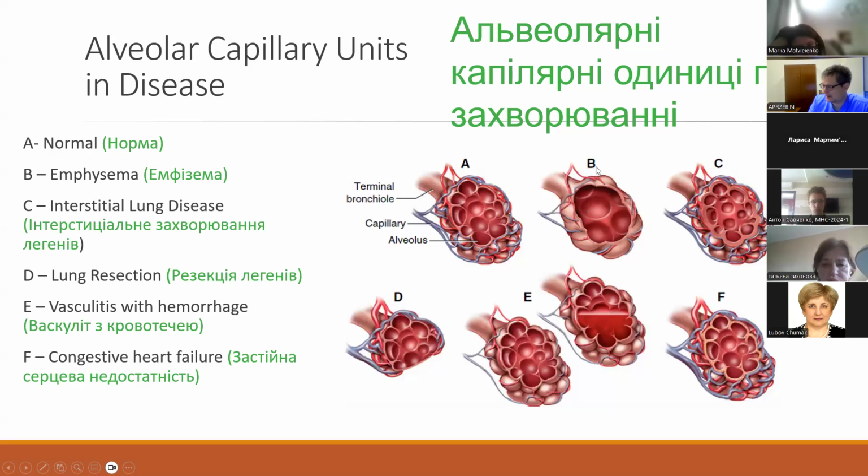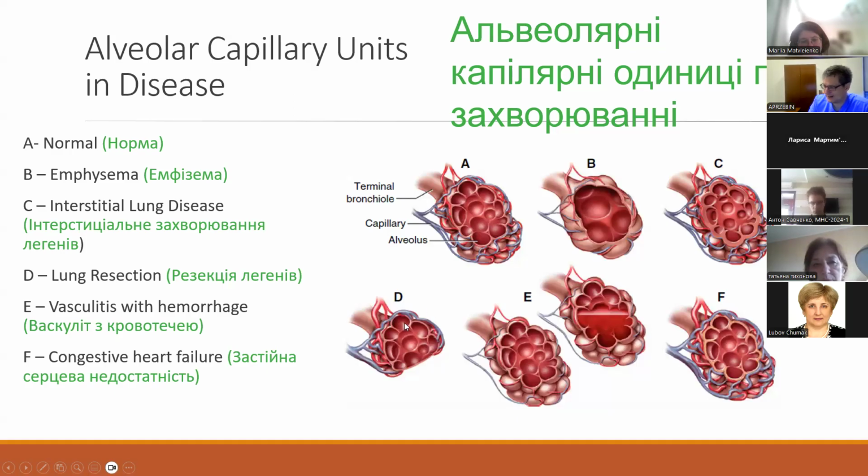In B, you have emphysema, and so you have destruction of a lot of these air capillary interfaces with a low accessible alveolar volume and less blood flow, you can see here. In C, in interstitial lung diseases, you can see the membranes are much thicker here, and there's destruction of this capillary interface.